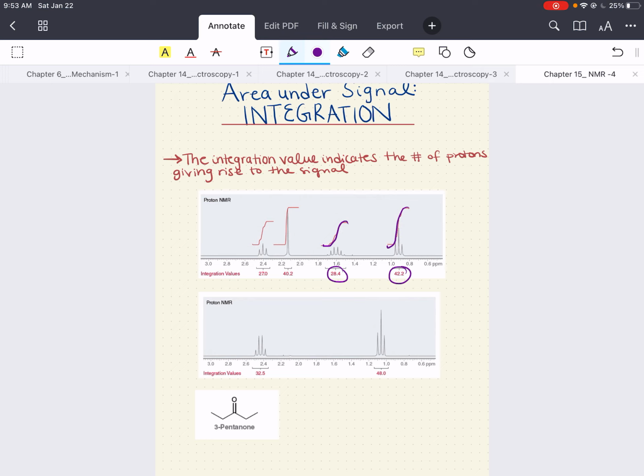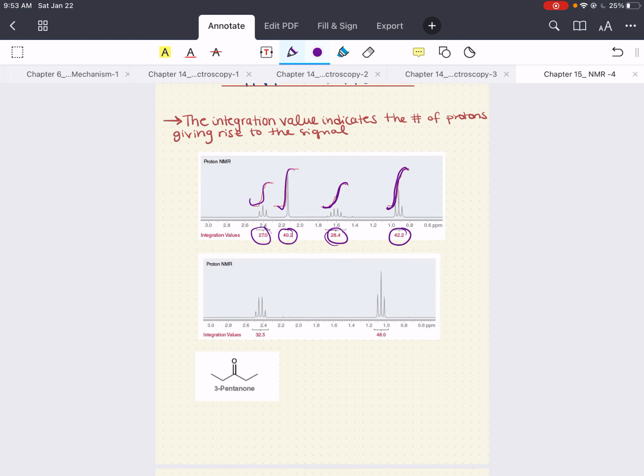All right, so it's going to integrate these signals to give us an area, and we're going to get these integration values. Now, these integrations are big numbers. We're going to find the smallest number from these numbers, and we're going to divide all these numbers by the smallest integration value we have.